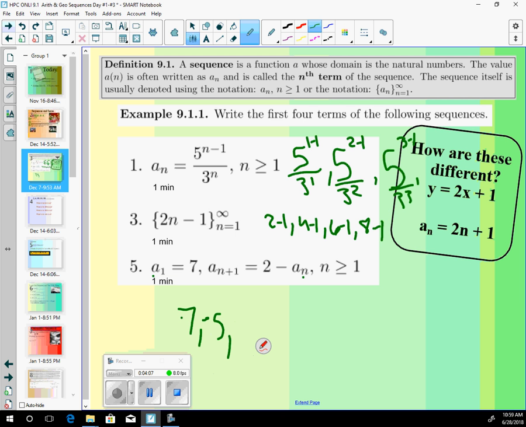Then for the third one, we go 2 minus -5. Well, 2 minus -5 is 2 plus 5, which is going to be 7. And then you go 2 minus the previous one, 3. 2 minus 3 is -1. These are called recursion formulas, and used a lot in computer science, used a lot in reality modeling.